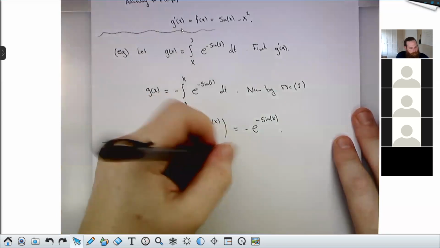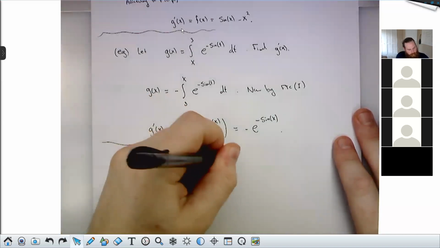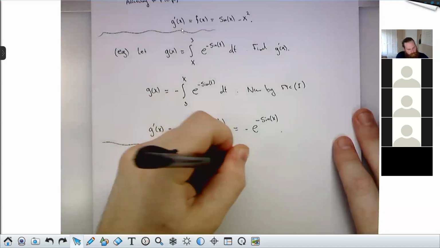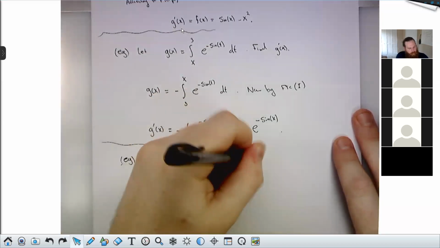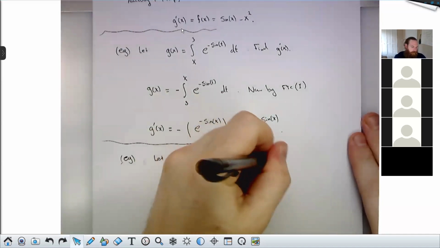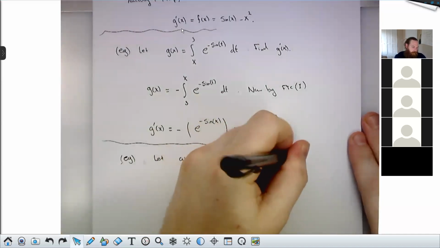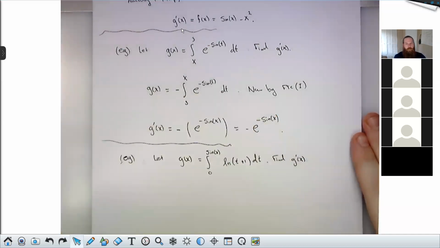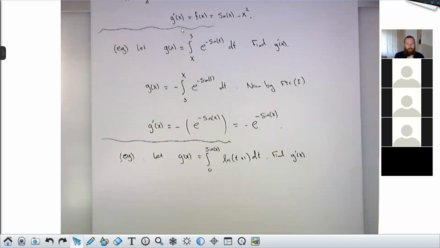Let's do the natural log of t plus 1 dt. And again, I want to find g prime. This time, the bounds are in the right order. I've got constant stuff at the bottom and variable stuff at the top.